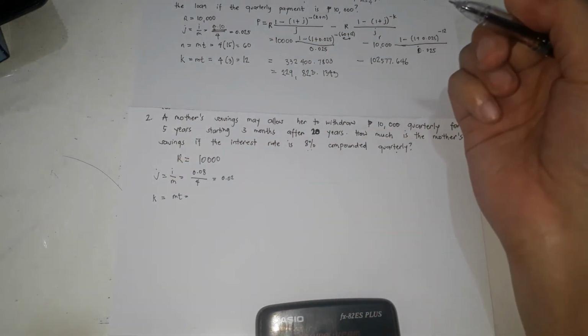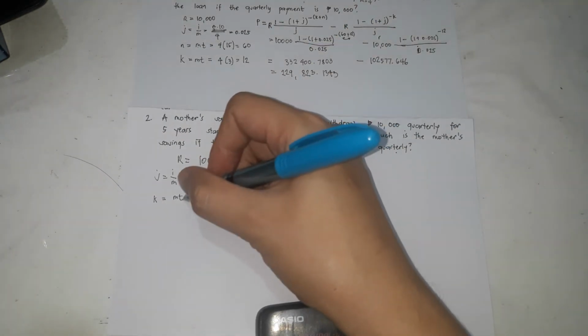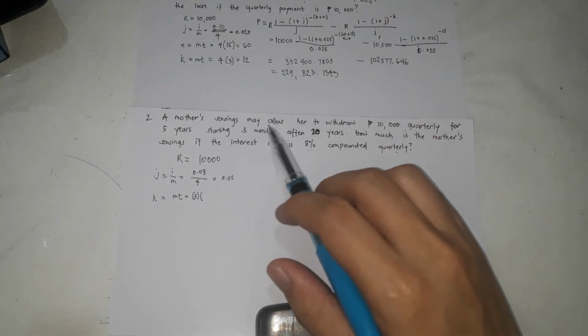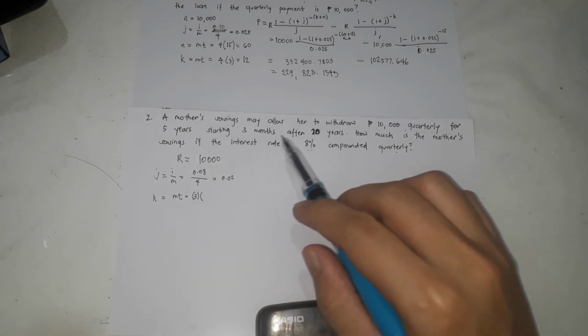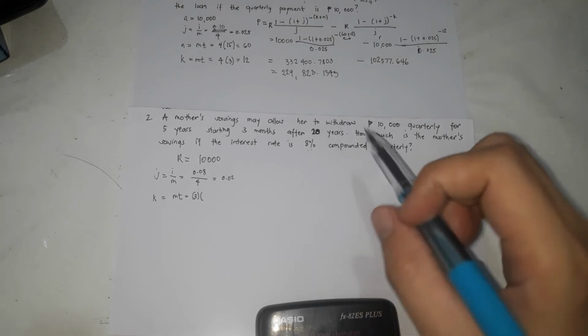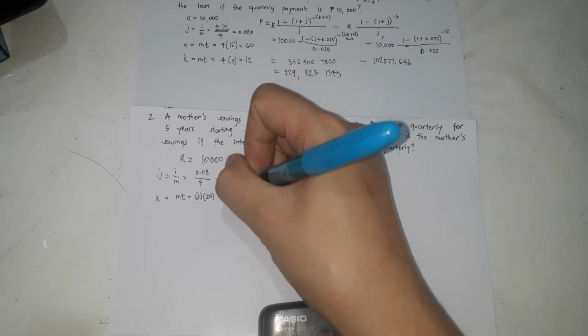So it's quarterly, so M is equal to 3. How many years yung deferral? So a mother's savings may allow her to withdraw 10,000 quarterly for 5 years, starting 3 months after 20 years. So after 20 years, so 20 years yung deferral is equal to 60.